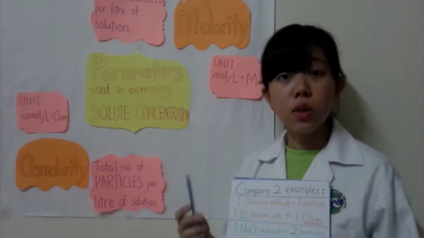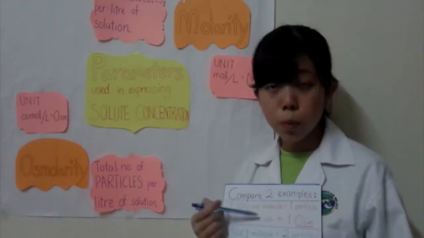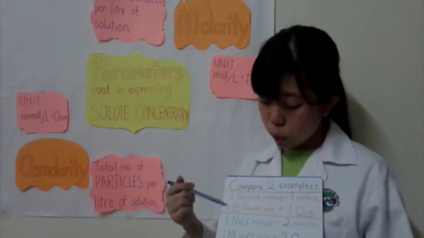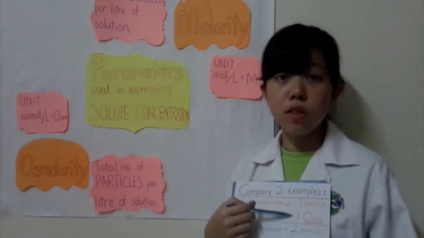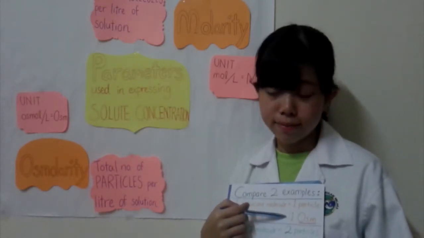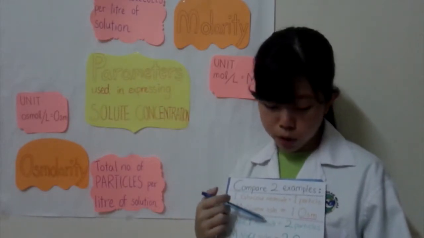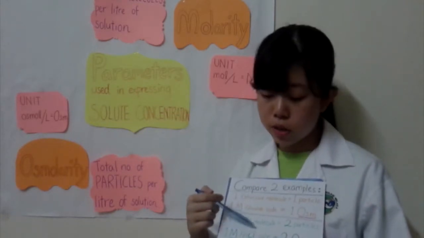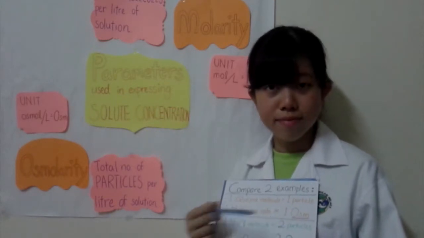Glucose does not dissociate in solution, so one glucose molecule equals one particle. So a 1 molar glucose solution will only have a concentration of 1 osmolar. While a sodium chloride molecule produces 2 particles, so a 1 molar sodium chloride solution will have a concentration of 2 osmolar.